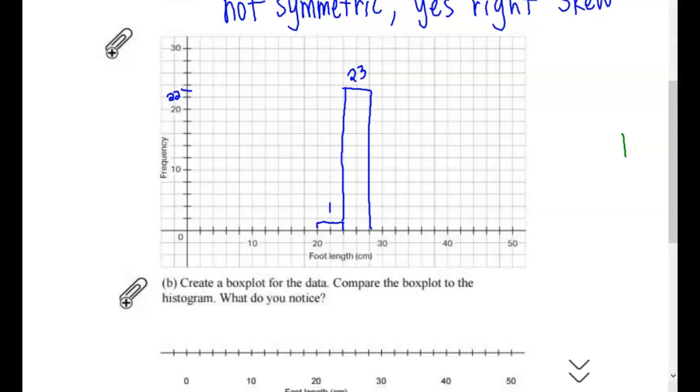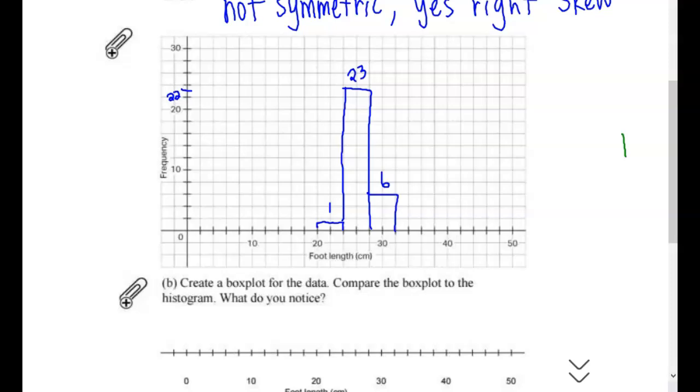Okay. The next range from 28 to 32, what frequency is that one? It's the third bin. Anybody? 6, good job. Is that what you said? Alright, yeah, 6.